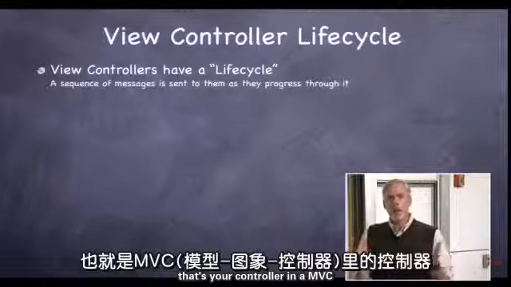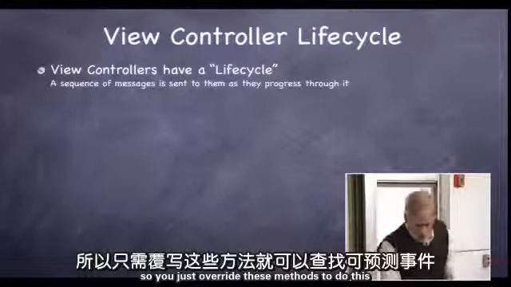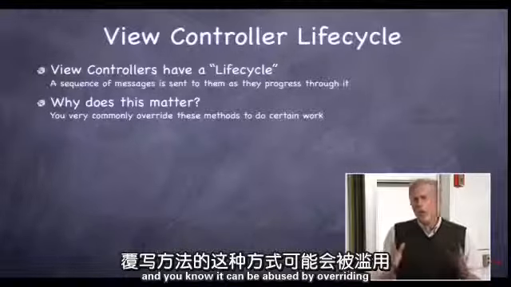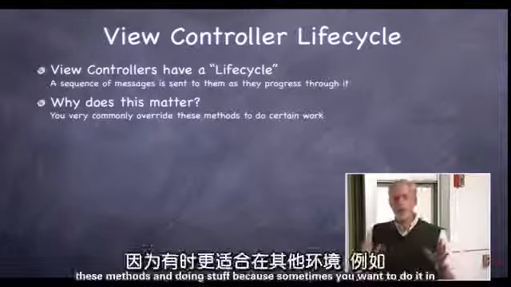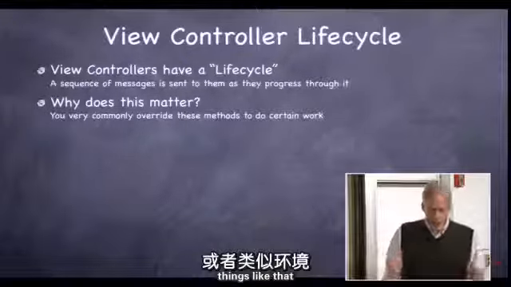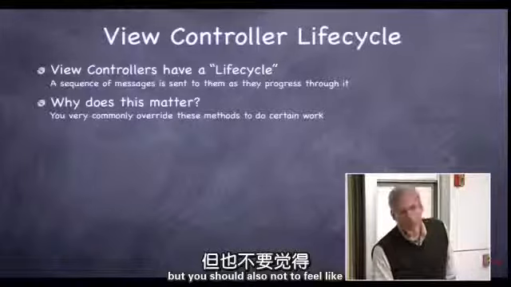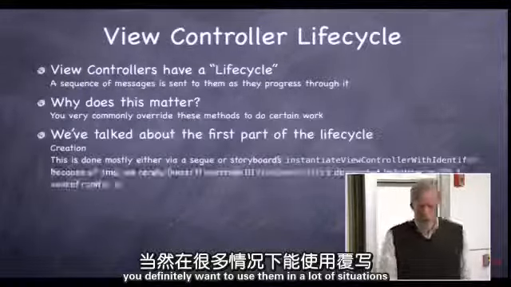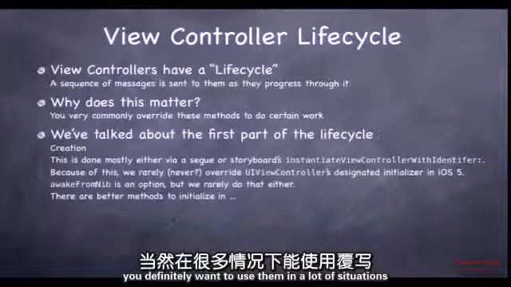That's your controller in an MVC. So you just override these methods to do this. You can be abused by overriding these methods, because sometimes you want to be doing them in other places like setters or getters. But you should also not feel like it's not allowed to override these. You definitely want to use them in a lot of situations.